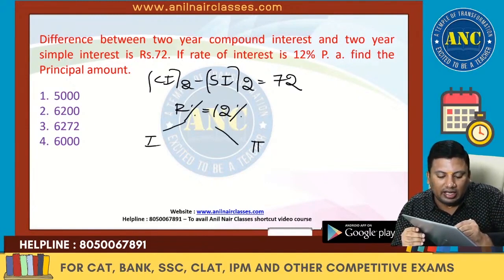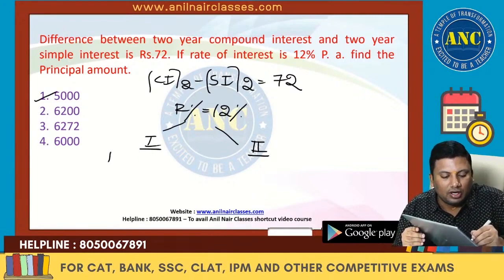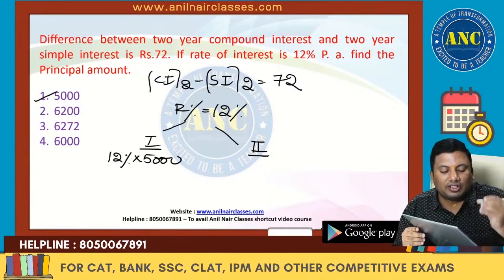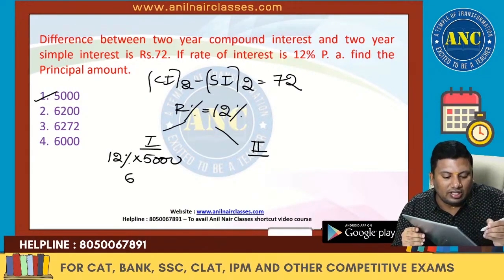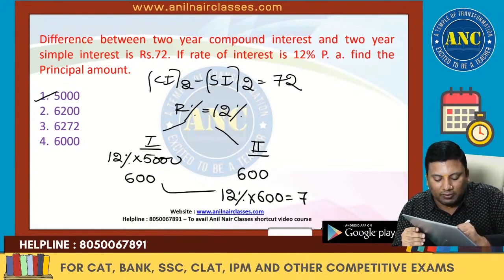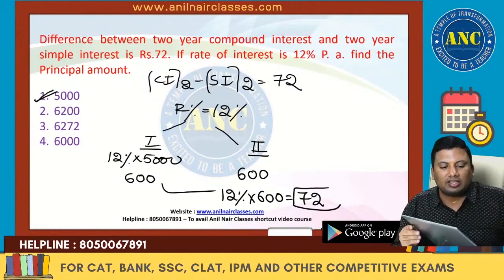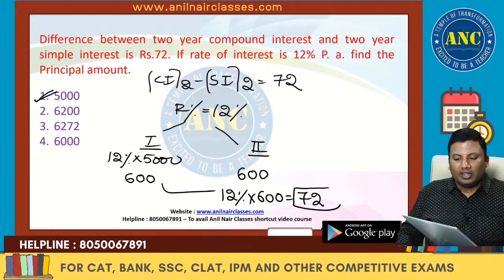Difference, right? If I take the first option, 12% of 5,000, traditional method, is 12 into 500, which is 600. Then 12% of 600, which is nothing but 72. 72 is what we want. So answer is 72.